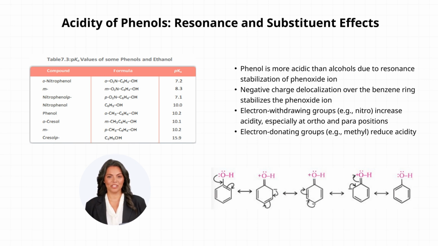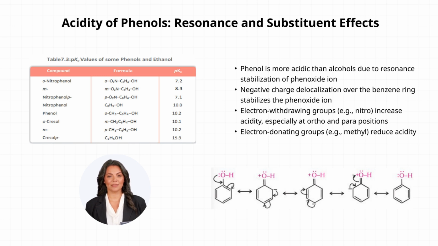This delocalization spreads the negative charge over multiple atoms in the phenoxide ion formed after deprotonation, stabilizing it substantially. The figure beautifully shows anti-clockwise movement of pi electrons and lone pairs, shifting positive and negative charges around the ring. This stabilization favors phenol's loss of a proton, making it more acidic than typical alcohols.